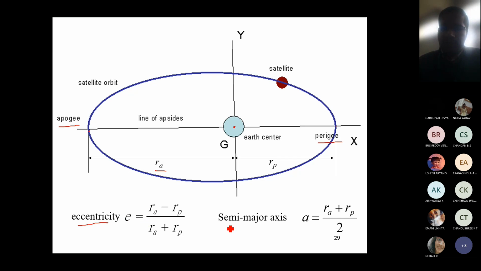And one more term is the semi-major axis, that is RA plus RP divided by 2, which is denoted by A. So A represents the semi-major axis, of this value. Okay, I hope you understood till now.